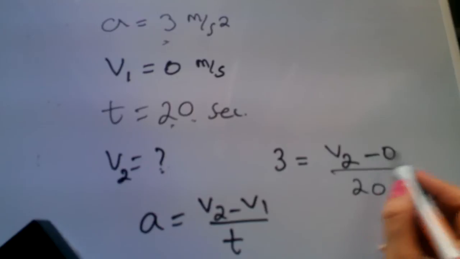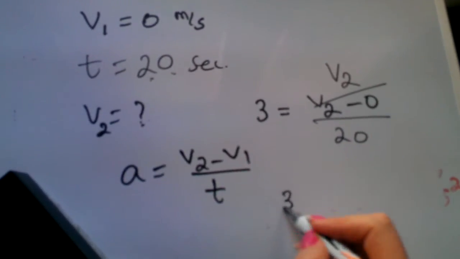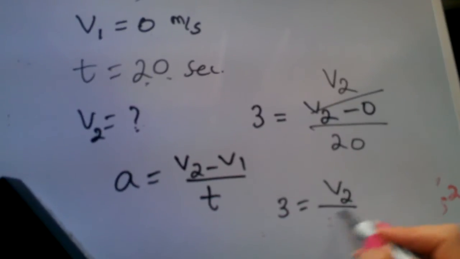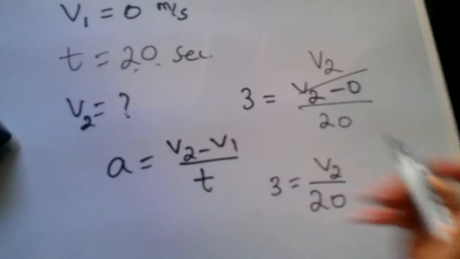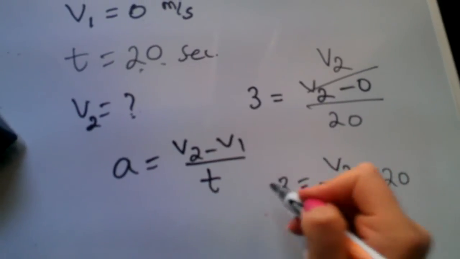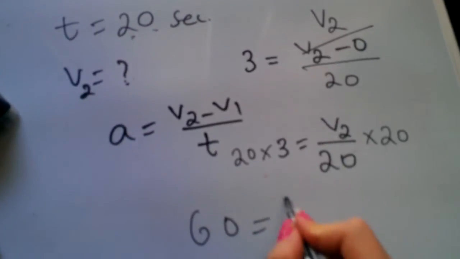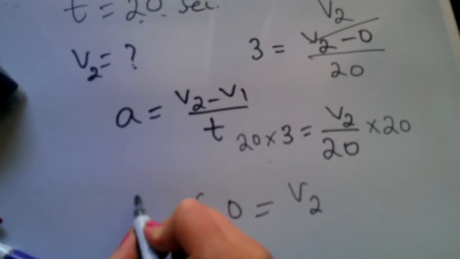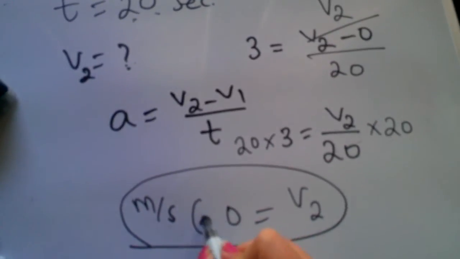Therefore, v2 minus 0 gives me v2, right? 3 equals v2 over 20. Now, in order for you to solve this, you multiply both sides by 20, and that gives me 60 equals v2.